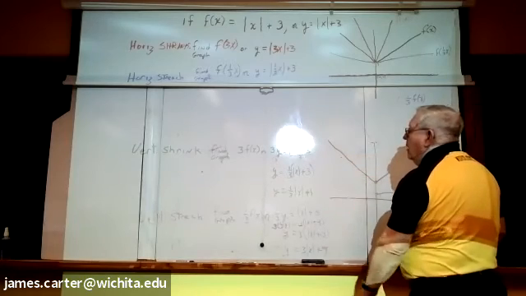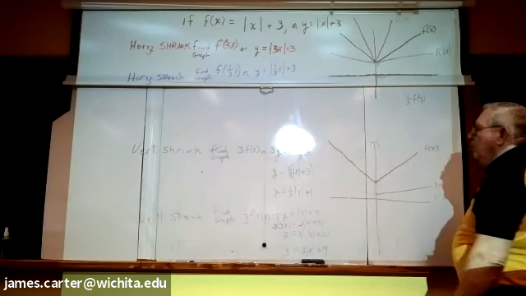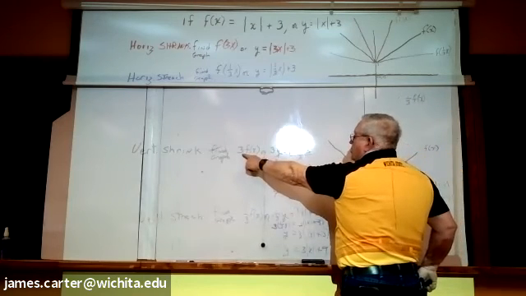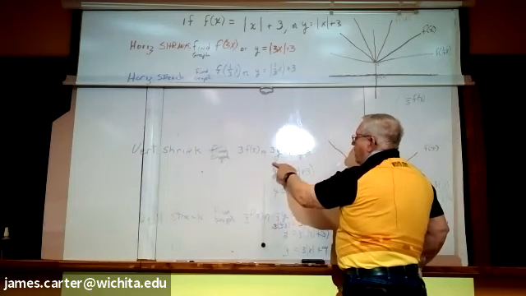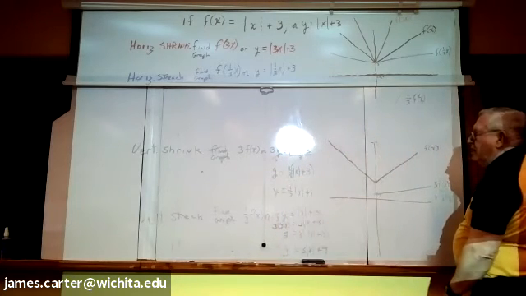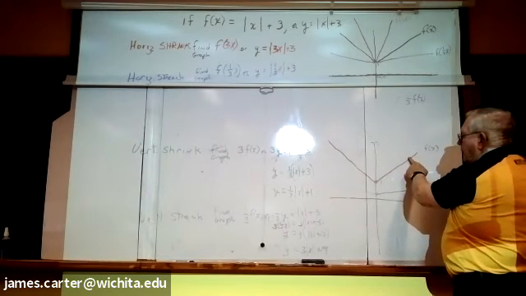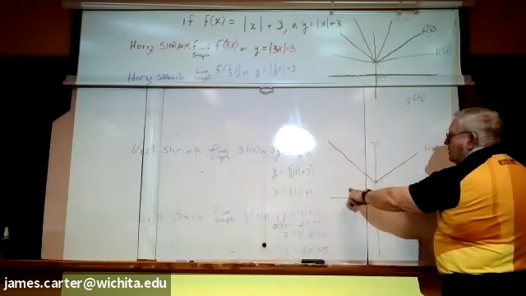Okay, on this one, a vertical shrink. The 1/3. Notice the 3 is out here, so I have to divide both sides of this equation by 3. So I get this 1/3 times that. So I've got absolute value of x, and I take it times 1/3, which flattens it out like this.